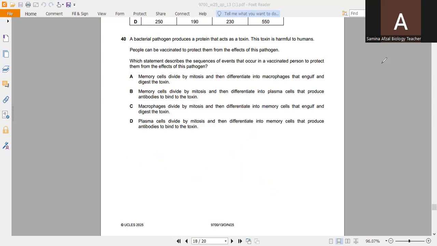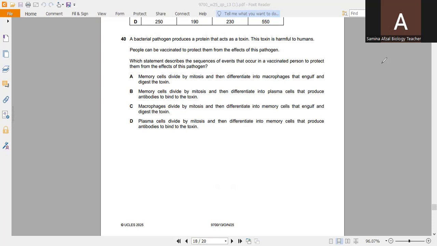Statement A: memory cells divide by mitosis and then differentiate into macrophages that engulf and digest the toxin. This is incorrect.